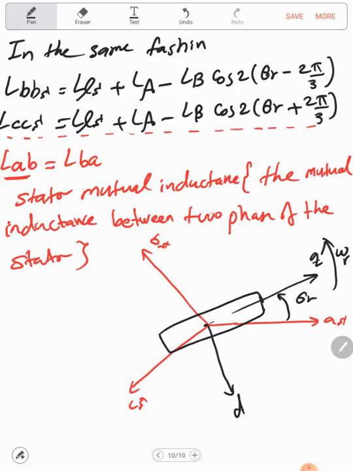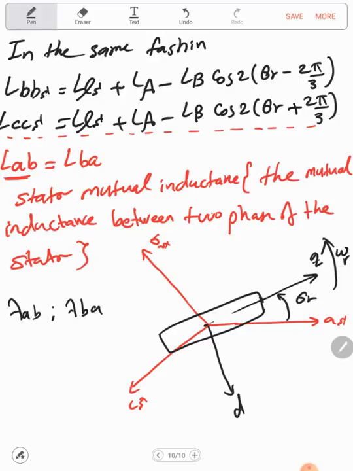Now you know that if I need to calculate LAB or LBA, I need to find either the lambda AB or the lambda BA. Then I need to divide over the current that caused the flux linkage.